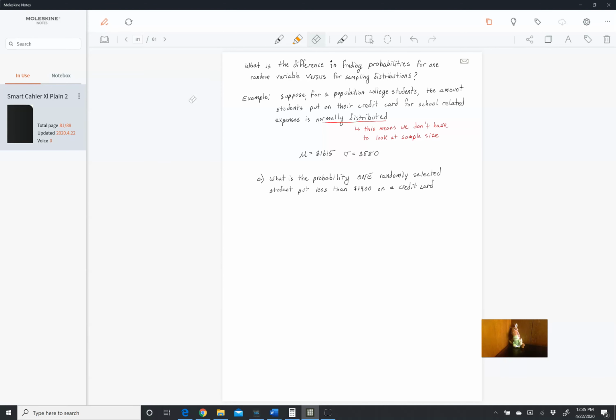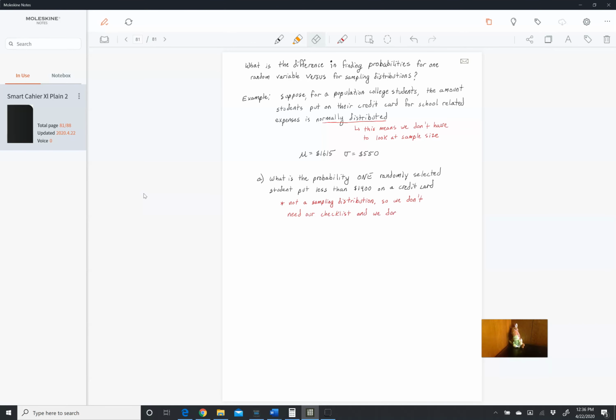Okay, well, this is not a sampling distribution, so we don't have to find sigma x. And we don't have to go to our checklist. So we don't need our checklist. We can go directly to our z-scores. This is the difference.